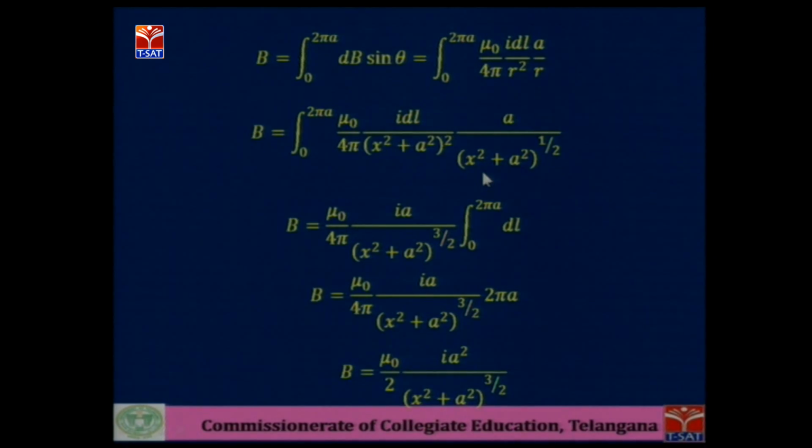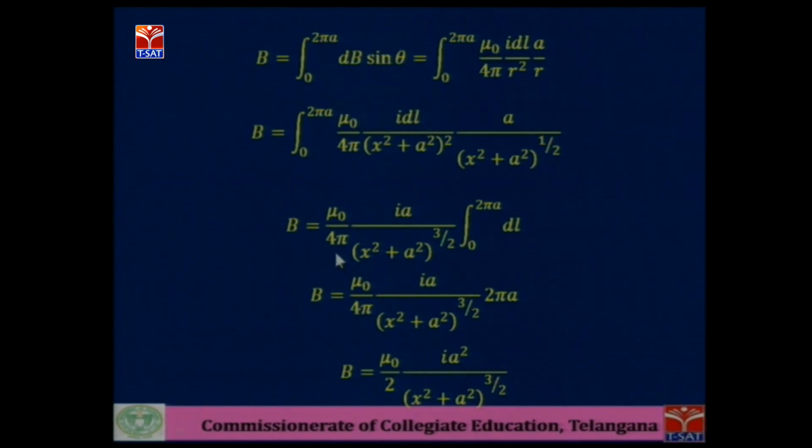Upon doing this integration, mu naught by 4 pi is constant with respect to the integral. I is constant because it is the current passing in the loop. A, the radius of the circular loop, is also constant, and r, the distance of the point, is also constant.